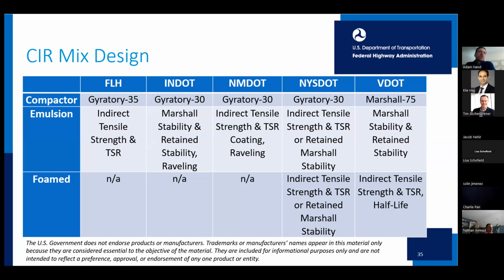But 2 out of the 5 states were using the raveling portion. The states that were using foamed asphalt either use indirect tensile strength and TSR, or retained Marshall stability. And obviously with the foaming, you need to be paying attention to your half-life also, right?